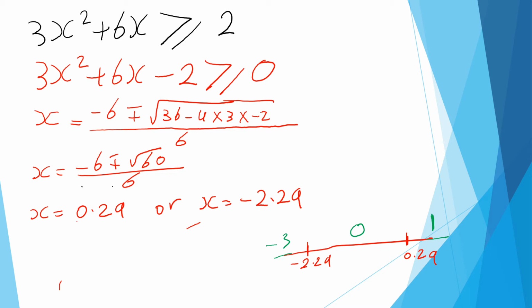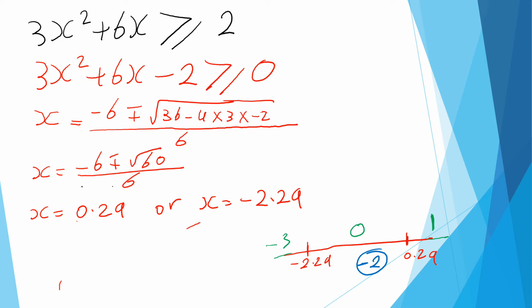And then we substitute here and see whether the value is positive or negative. If we substitute the 0 in here, we get negative 2. If we substitute the negative 3 in here, I think it should be positive.